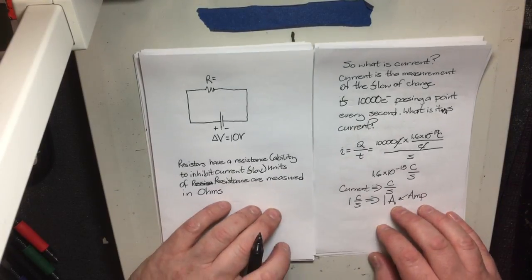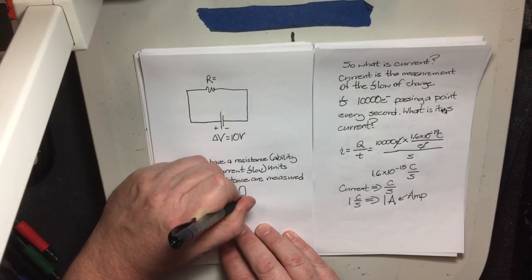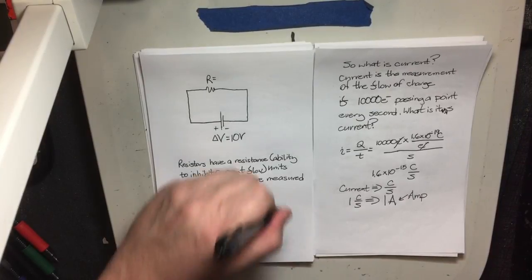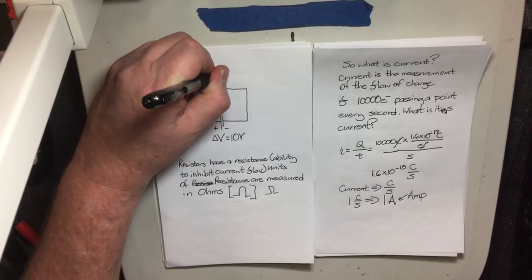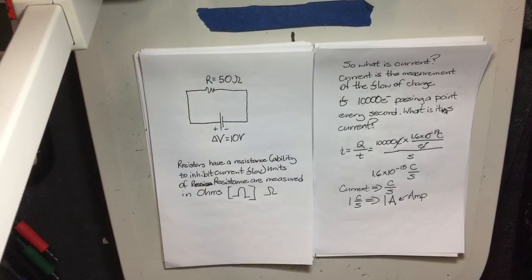And the symbol that we use is the capital omega. I typically write it like that when I'm writing quickly. So the resistance here, let's say, is 50 ohms. So it has a resistance.